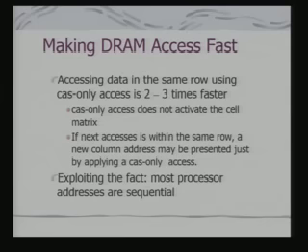If the next access is within the same row, a new column address may be presented just by applying a CAS only access. And this exploits the fact that most processor addresses are sequential. If I am not executing a branch, I shall be accessing addresses in a sequential fashion, and then I can have a much faster access from DRAM.